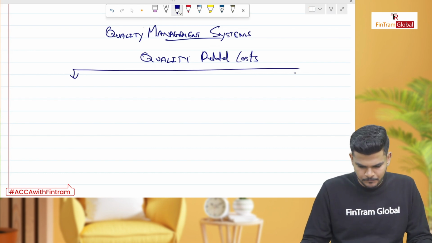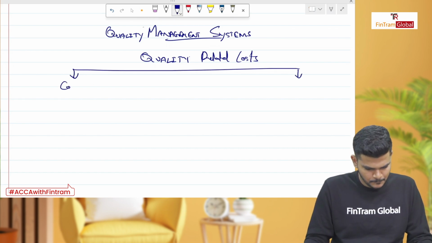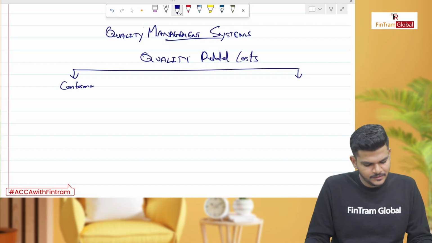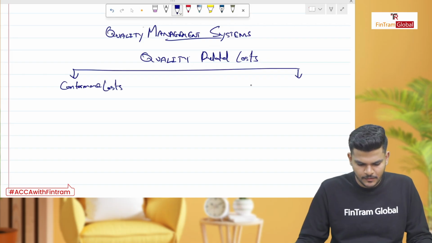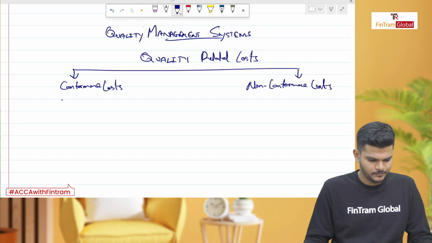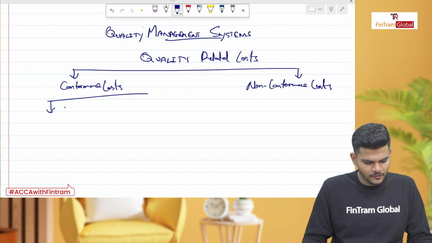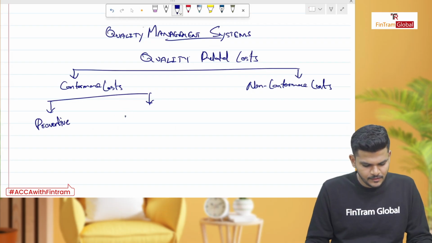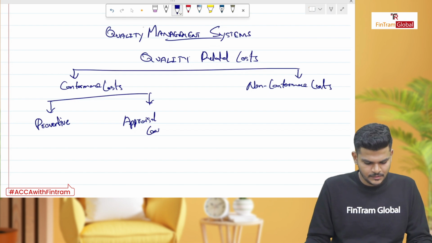So quality related costs, there would be conformance costs, and then non-conformance costs as well. Conformance cost includes preventive costs, and then appraisal costs.